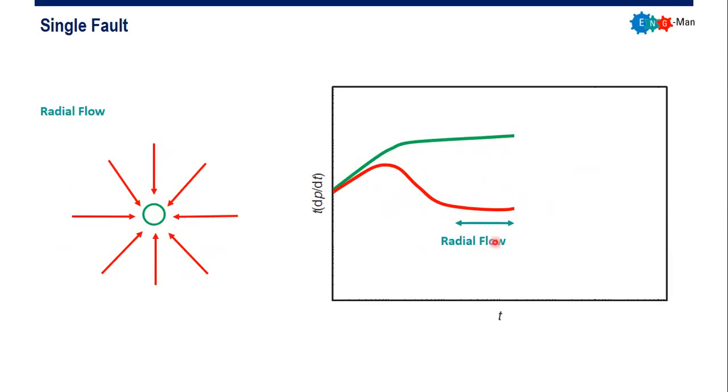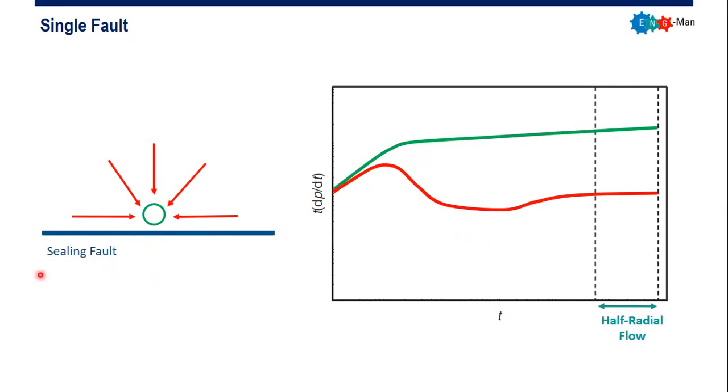After the pressure transient reaches a sealing fault, a single sealing fault, we will have half radial flow, or hemi-radial flow, and we will see a trend like this. Our pressure derivative will increase like this one, and then will stabilize again.